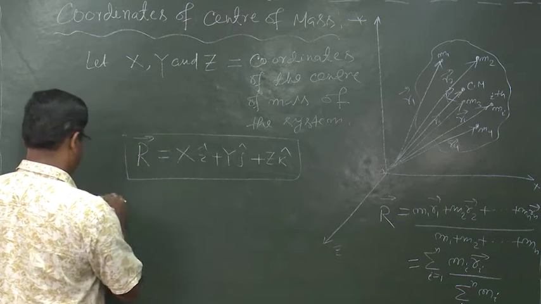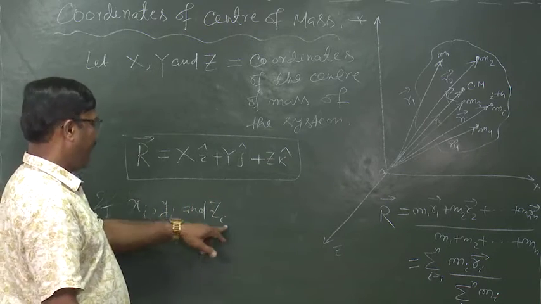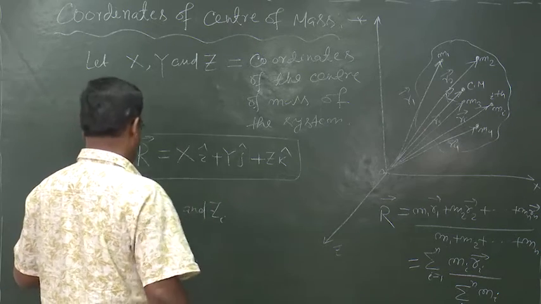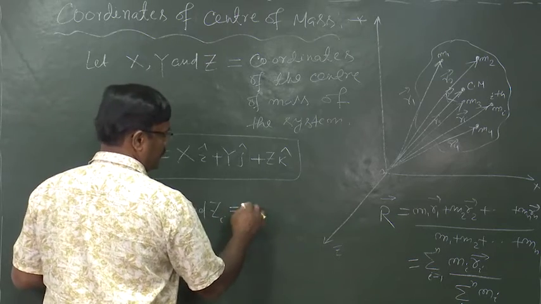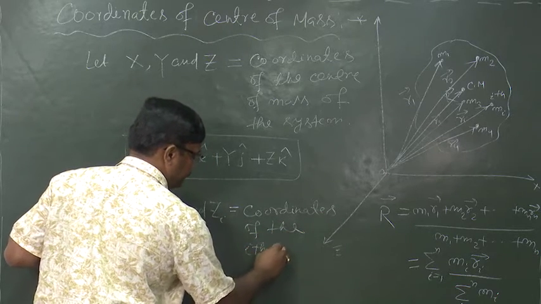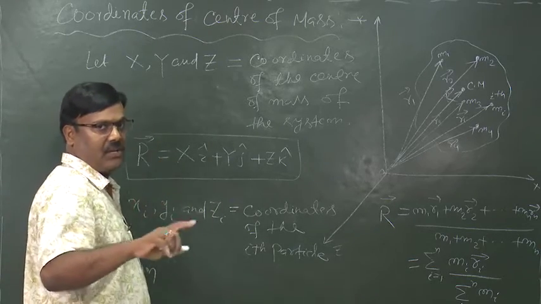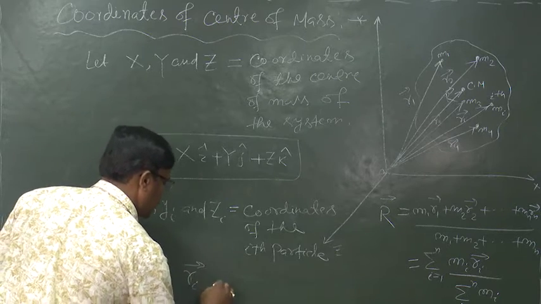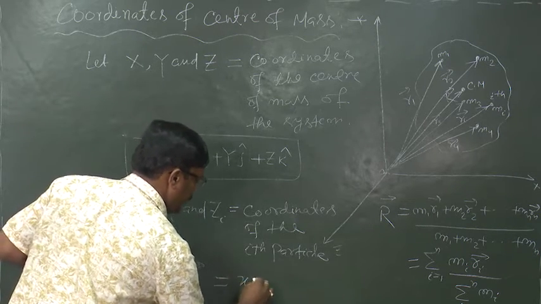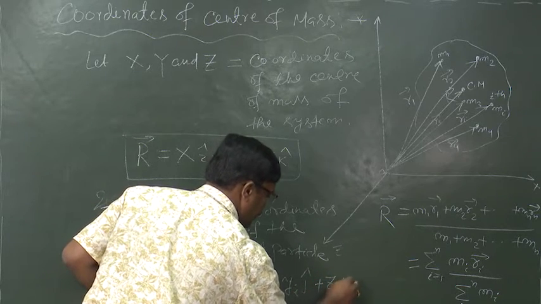That means if xi, yi and zi, where i is the subscript to x, y and z, are the coordinates of the ith particle of the system, then the position vector of the ith particle of the system will be ri vector, which is equal to xi i cap plus yi j cap plus zi k cap.